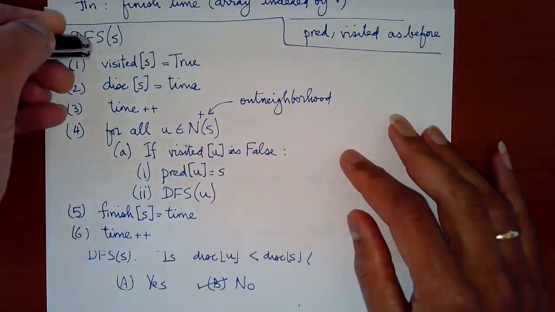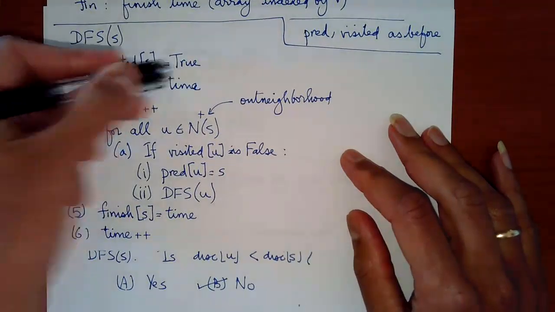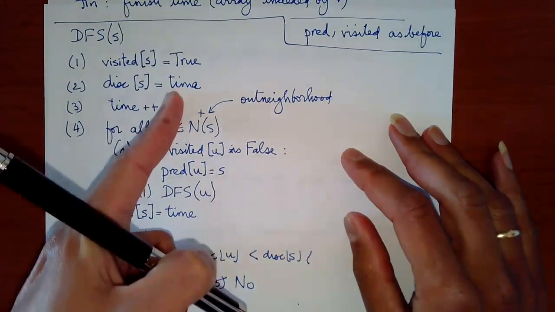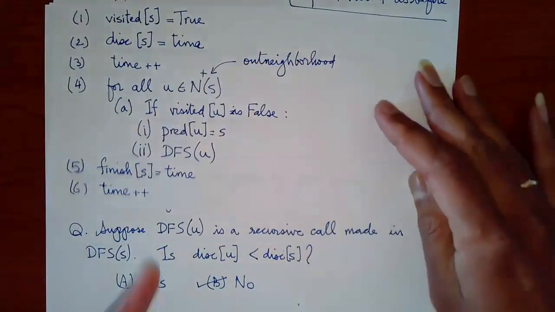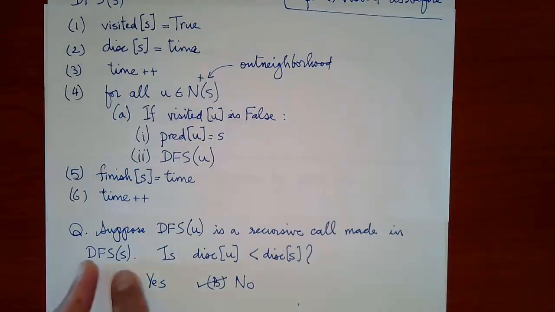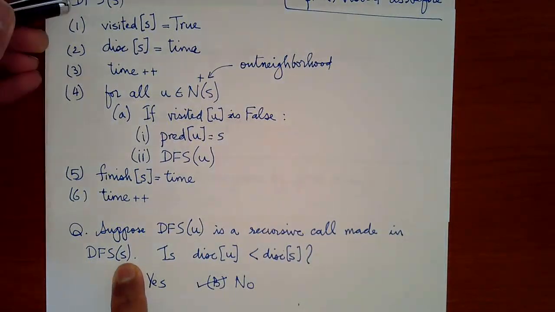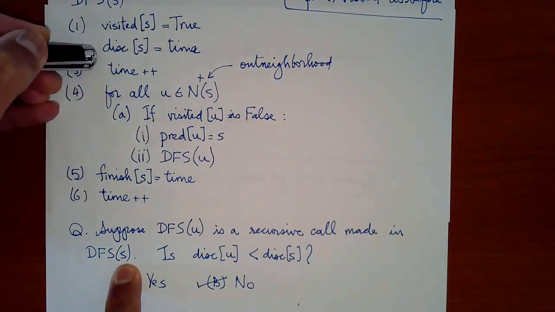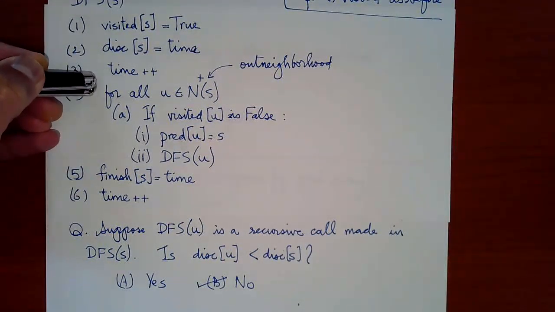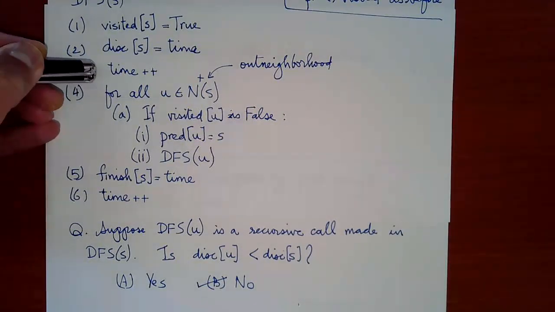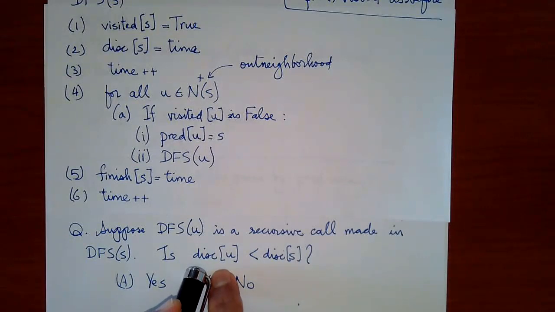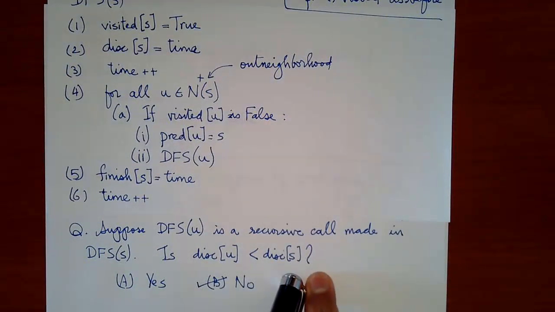When DFS S is called, you set visited to be true and you set the discovery time to be the time. So if DFS U is a recursive call made, that means that DFS S was already called, which means the time was already set and the time got incremented. So the discovery time of U is going to be greater than the discovery time of S.